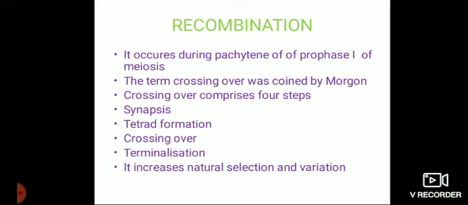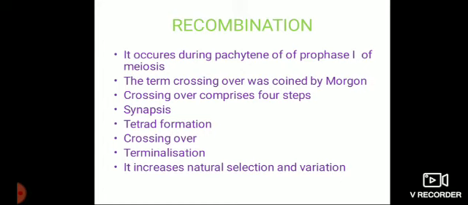So what types of questions are going to come? Like, describe the structure of the chromosome. What are the parts of the chromosome? Centromere or primary constriction, secondary constriction, telomere, chromonemata and chromomeres.